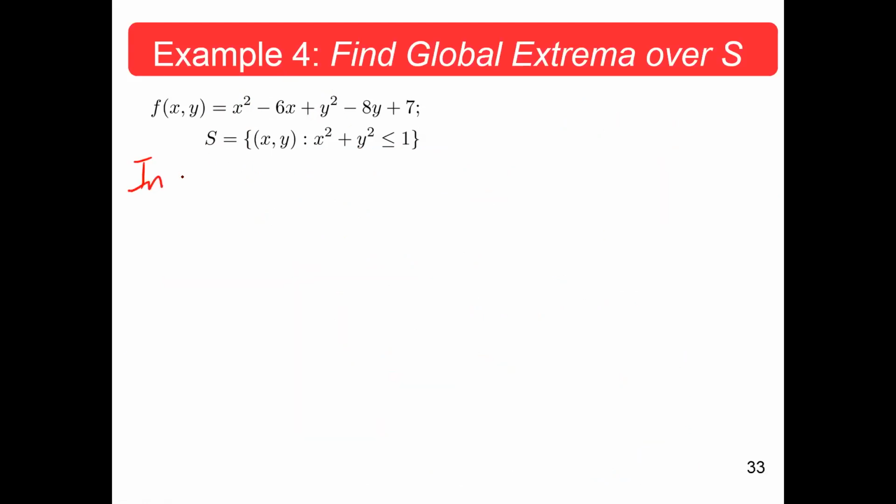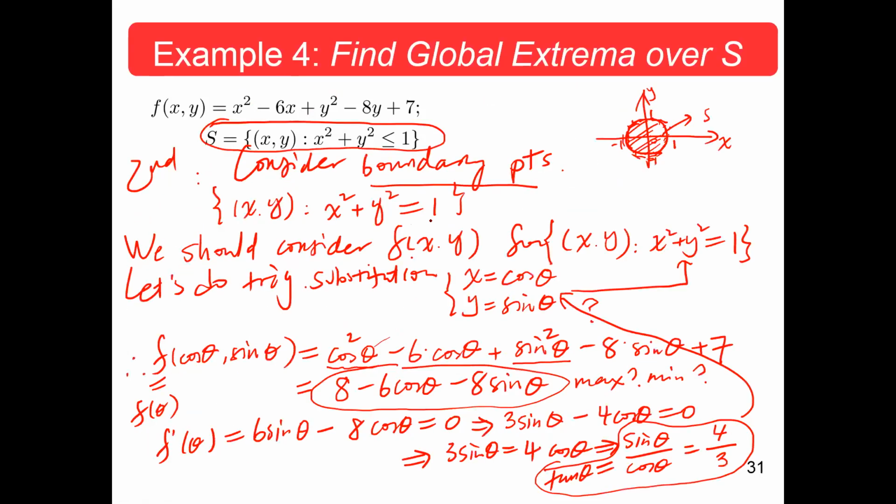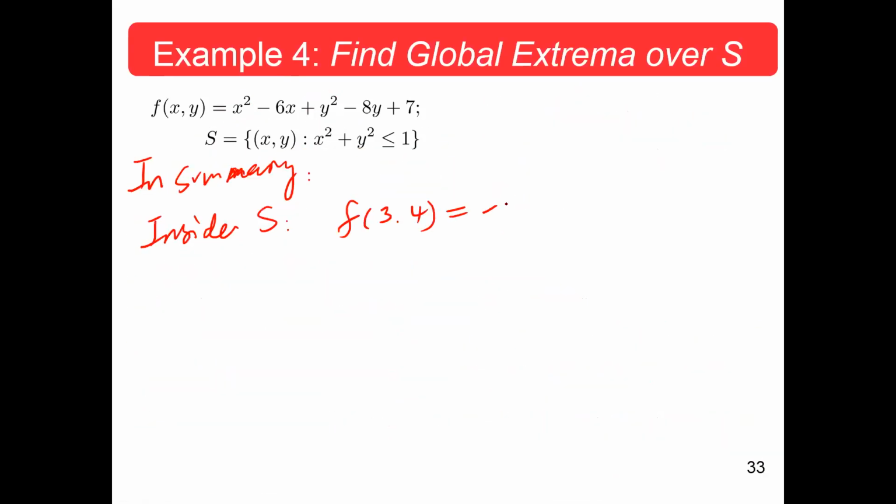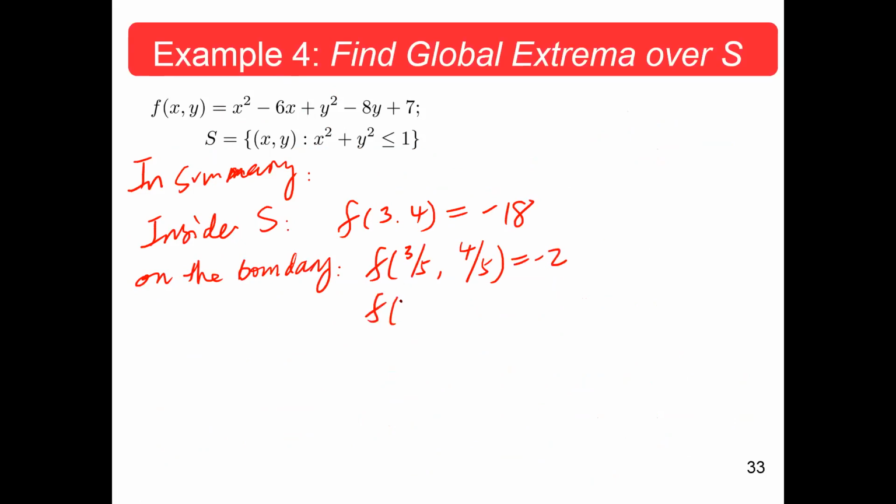So in summary, inside of S, we have a function f at 3,4, which gets you the amount of -18. On the boundary, we have f of 3/5, 4/5 getting you -2, f of -3/5, -4/5 getting you +18, right?